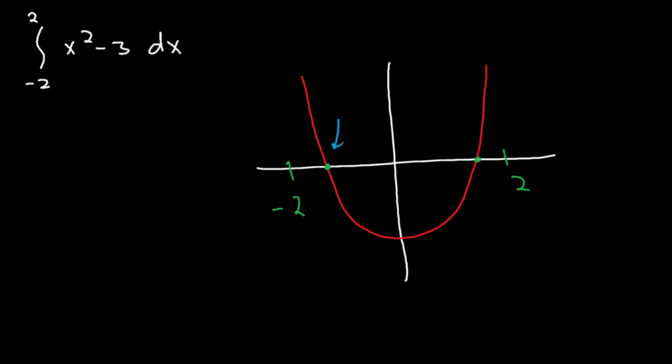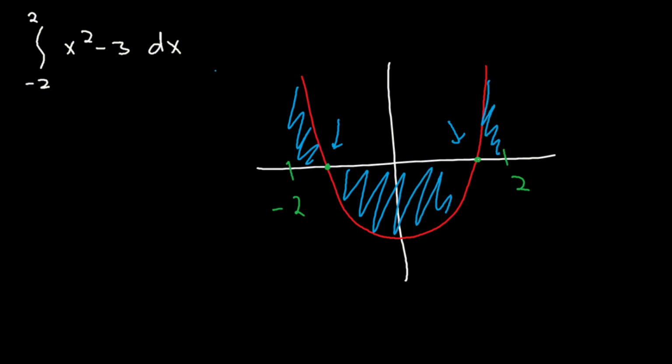The reason why we want to find the zeros is because when we can solve for these points, we can separate the integral into 3 regions. So we can solve for the integral individually with a region from -2 to the first zero, which is negative square root of 3. So this is the negative square root of 3, and this is square root of 3. Right, that point has x equals square root of 3.